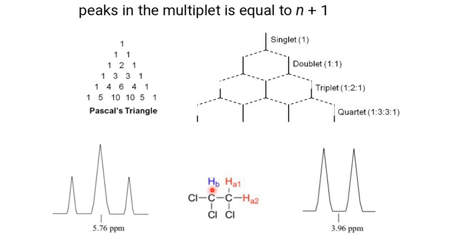So a single neighboring nucleus splits it into a doublet, that is, 1 goes to 2. But for the HB signal, the neighboring protons are 2, so it gives you 3 split signals, a triplet. So that's the n+1 rule, very popular among organic chemists: if the number of neighboring nuclei is n, then the number of split peaks would be n+1.